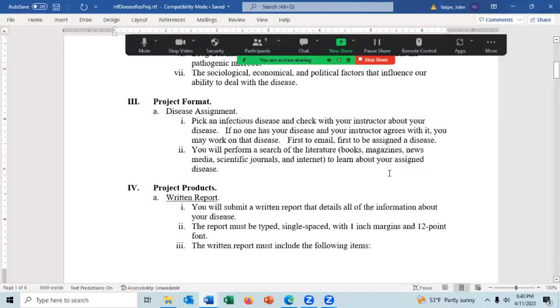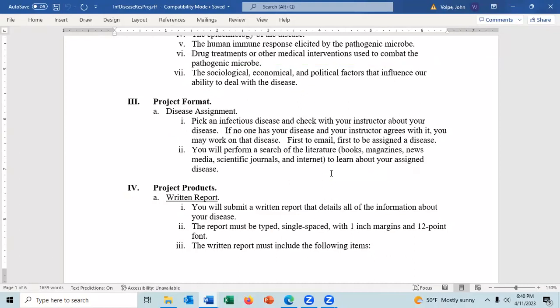Once you pick your disease and it's cleared by me, do a search of the literature: books, magazines, news media, scientific journals, the internet. Make sure you have good sources to learn about your assigned disease. Don't take from a web page which is biased, like a political or religious web page, or somebody who's just out there pushing a certain agenda.